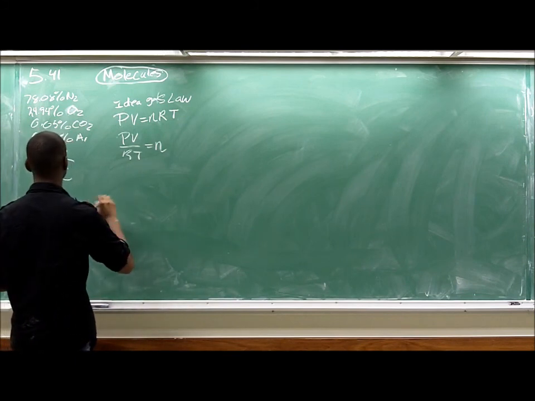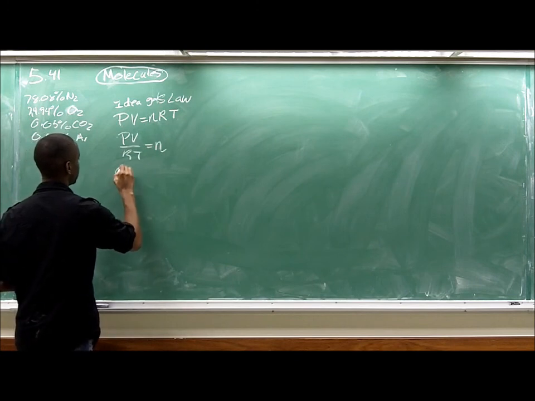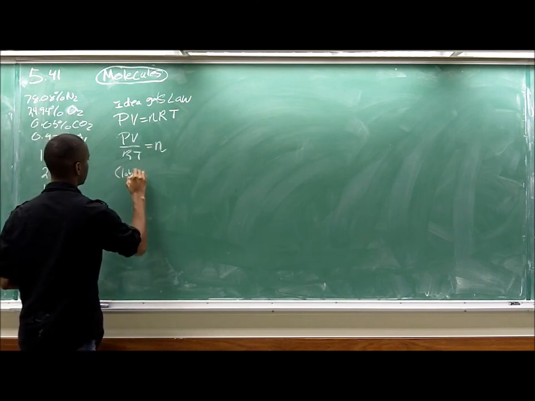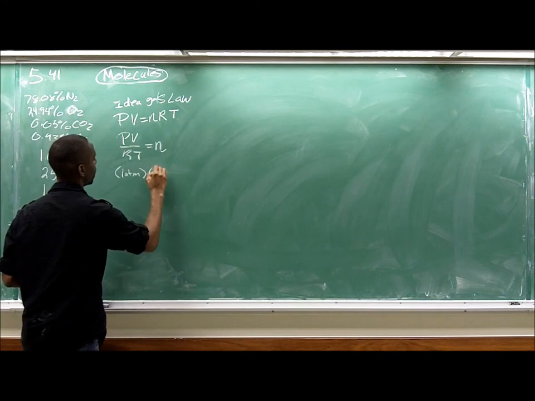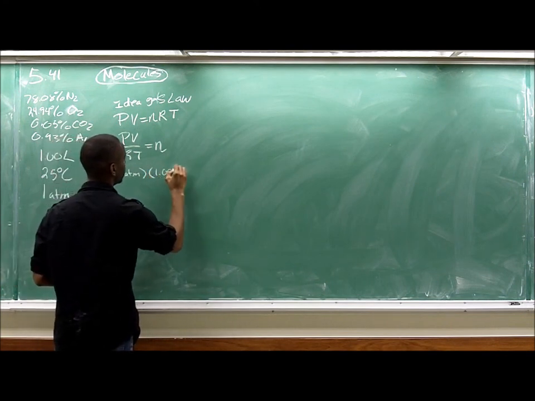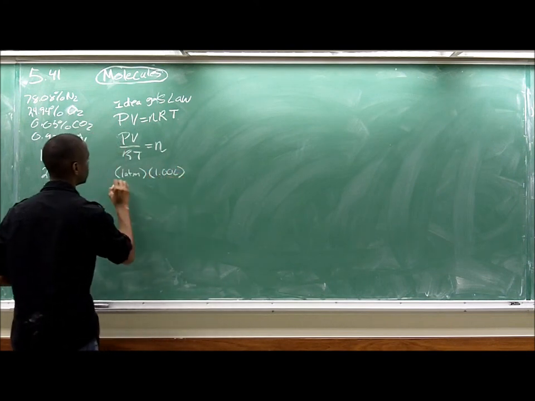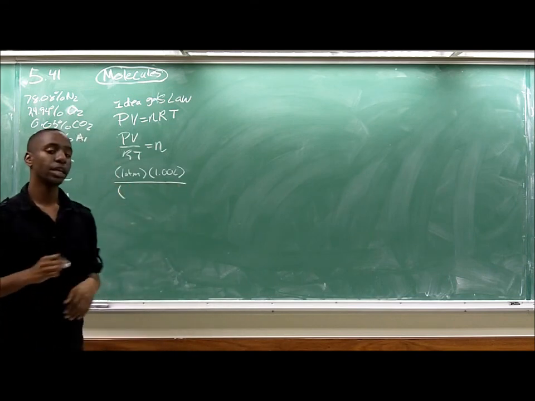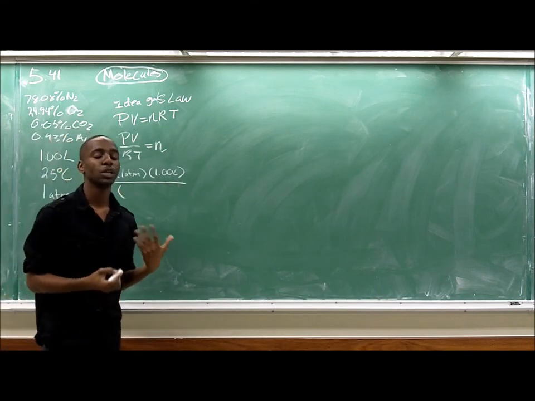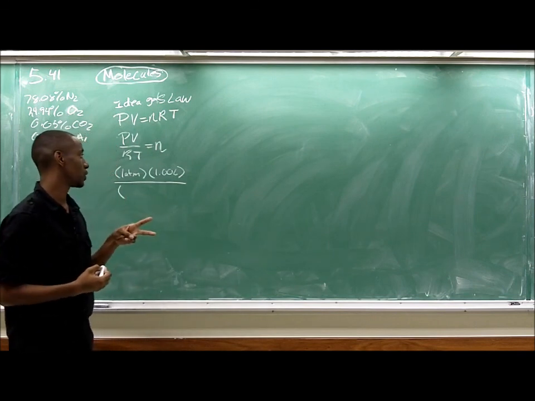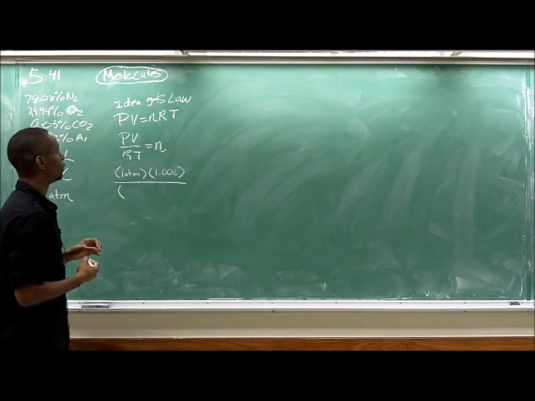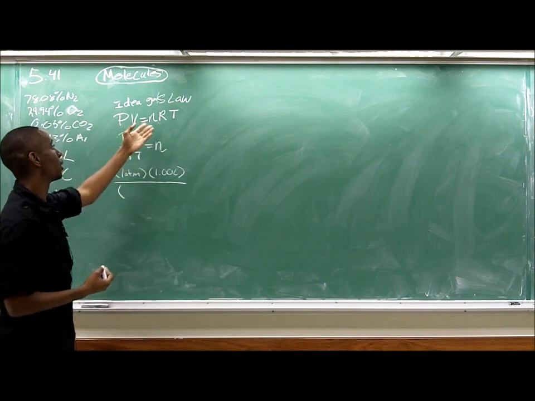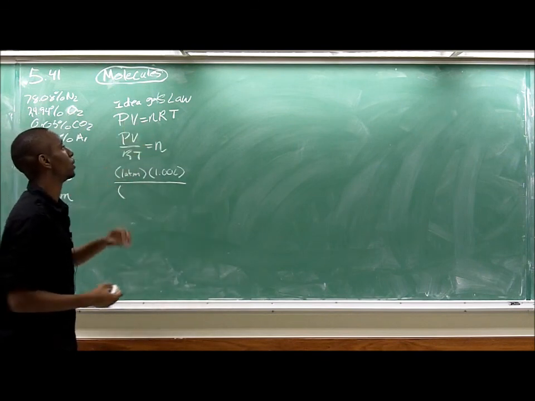So for pressure, we have 1 atmosphere. For volume, we have 1 liter. For R, just in case you get confused about which R to use, because you're given two R's, the best thing to do is solve for R and find out what the units are.